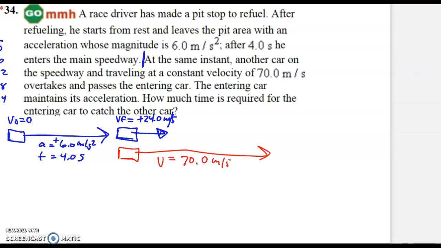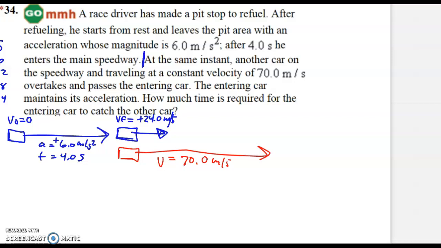If you read forward in the problem, this 70 meter per second car I drew in red passes that blue car. They maintain that speed, but of course, they are going to zip right by them because they're going much, much faster. Now, the blue car, though, has an advantage because it's going to continue to accelerate, which means that for a while it's going to be left behind, and then it's not going to be left behind anymore.